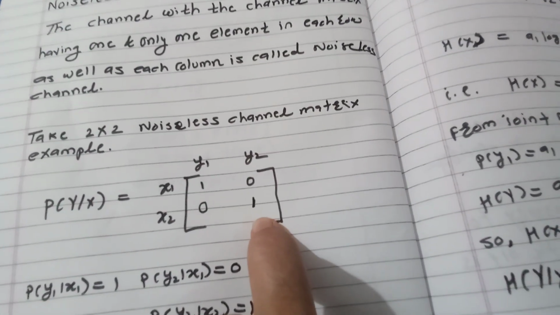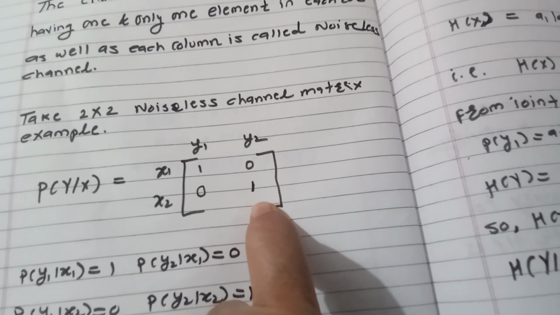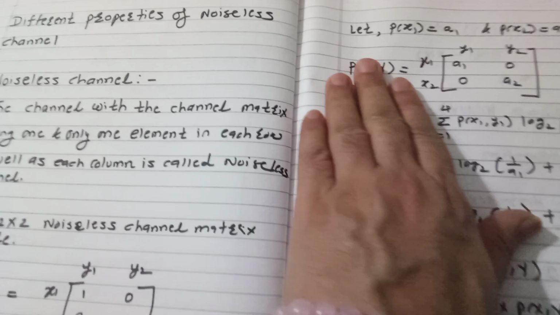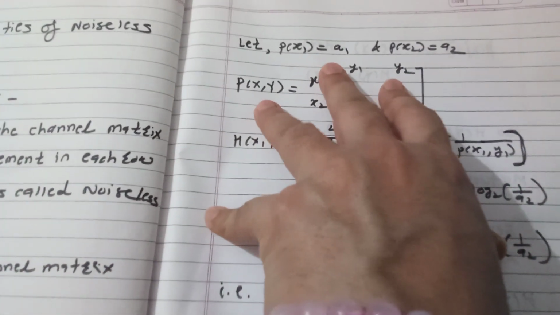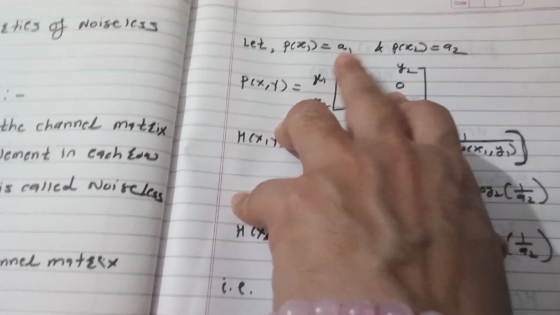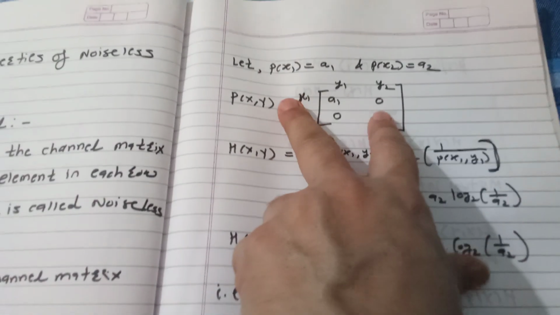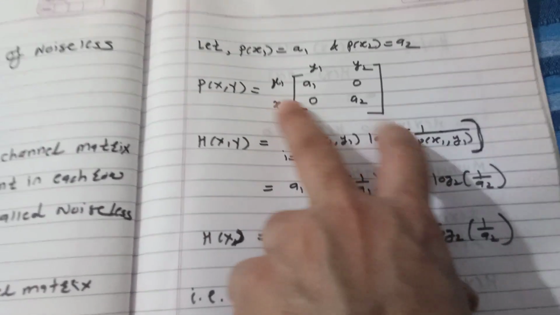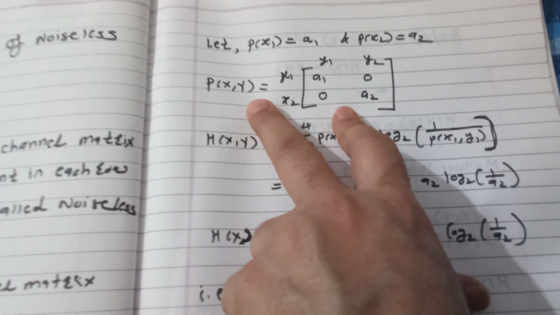We have seen in one of the videos how to obtain different probability matrices when you have the channel matrix. The next is you should be provided with the input probabilities. So let P(x1) is equal to A1 and P(x2) is equal to A2. How to obtain the joint probability matrix P(x,y)?